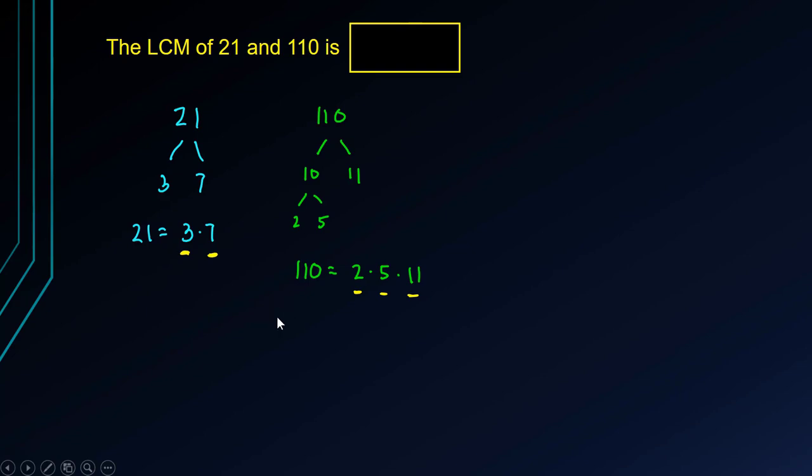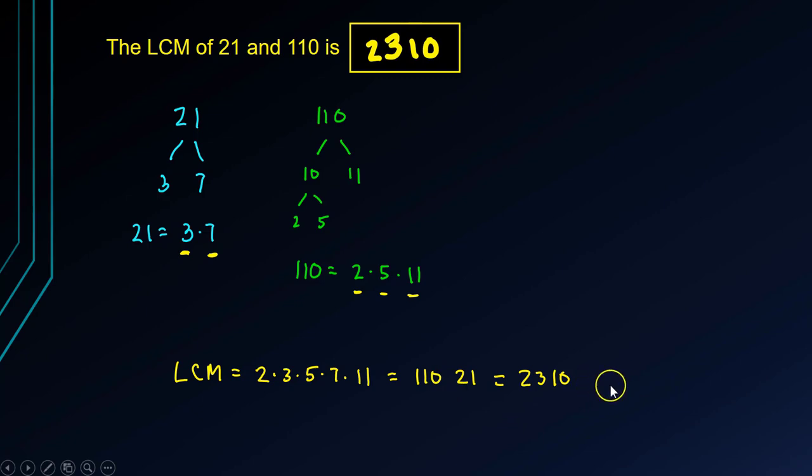So this is one of those instances where the least common multiple would be the result of multiplying these two numbers together. Because you can see all parts of 21 are being multiplied, all parts of 110 are being multiplied eventually. And you get 2310, and that's the answer for this. So sometimes the least common multiple is the result of multiplying those two numbers together, but it's not always going to be the case.